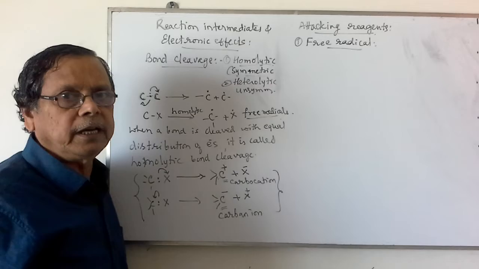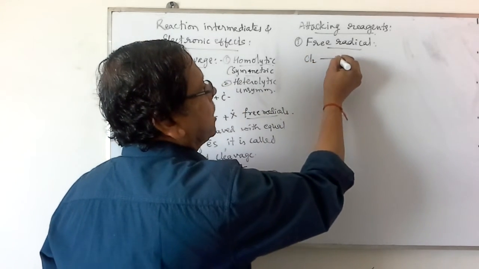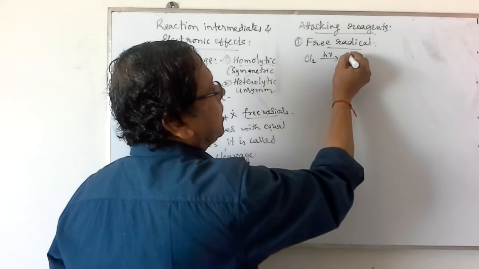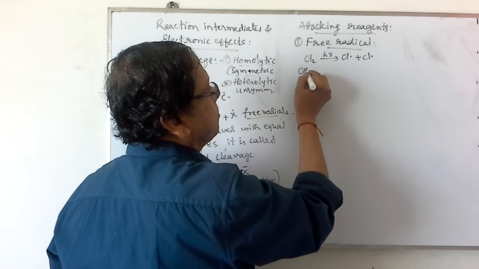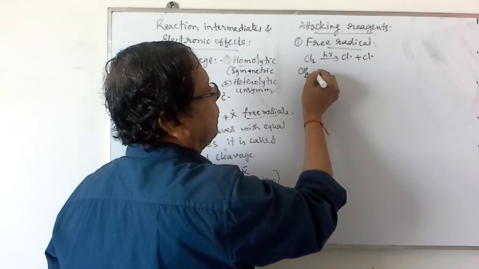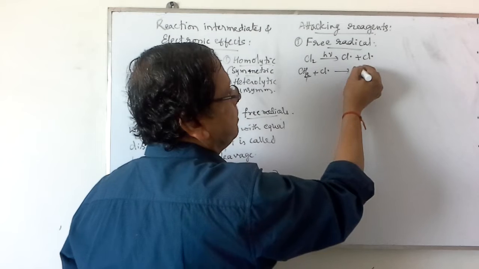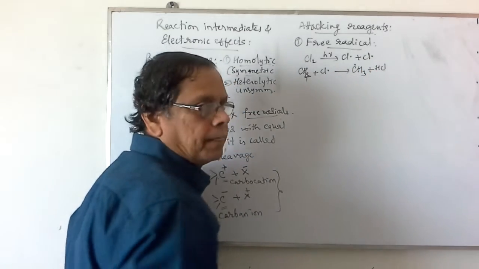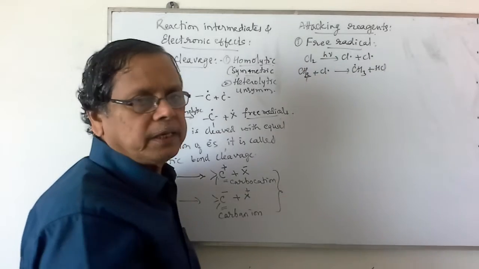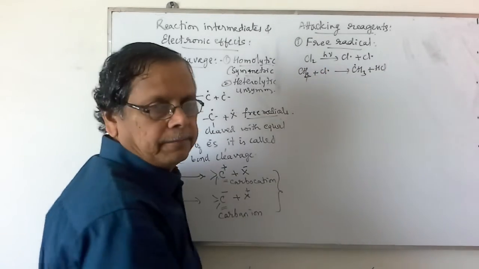For example, during the chlorination of methane, when chlorine is exposed to sunlight, it gives rise to chlorine free radicals. Similarly, when this chlorine free radical attacks methane, CH4, it gives rise to methyl free radical plus HCl. So this is the mechanism that is involved in the chlorination of methane. This hv stands for the sunlight.